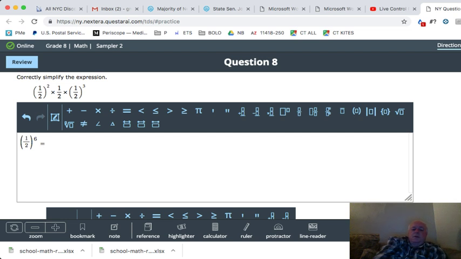So we're going to end up with another fraction, which is 1, and the denominator is going to be 2 times 2 is 4, times 2 is 8, times 2 is 16, times 2 is 32, times 2 is 64. Let me see if that's right. 2 to the 6th: 4 times 4 is 16, and 16 times 4 is 64. Yes, I believe that's correct.